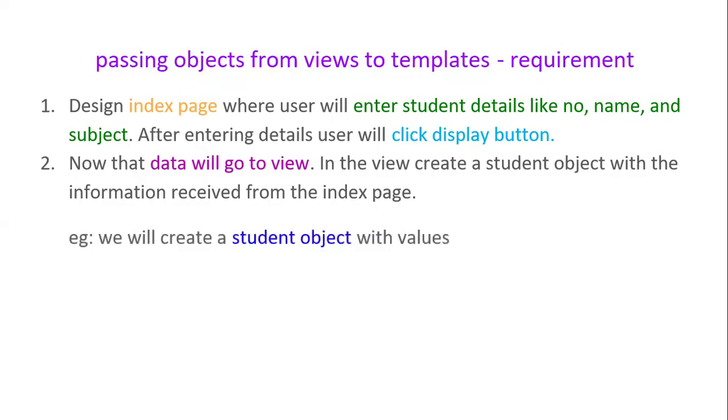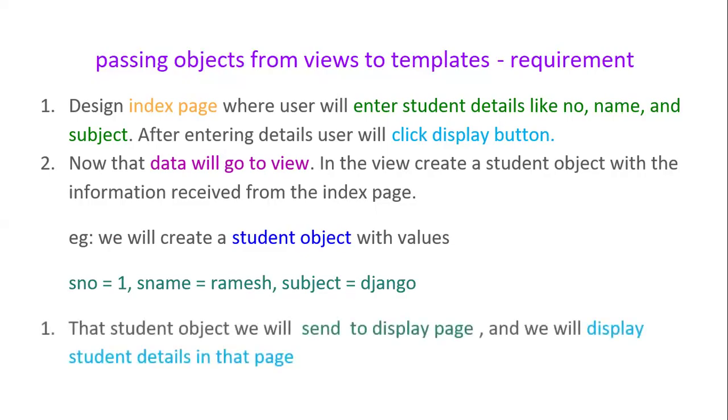For example, SNO is equal to 1, S name is equal to Ramesh, subject is equal to Django, let's assume. It will be stored as an object. Then that entire student object will be sent to the display page in the context format, and we will display the student details in that page. Simple requirement, right?